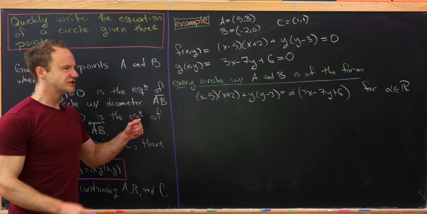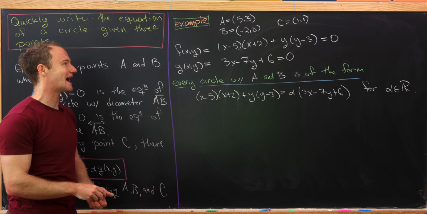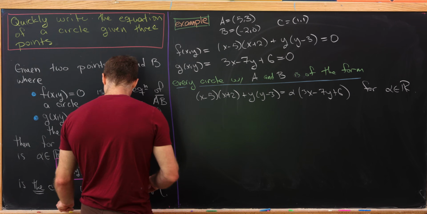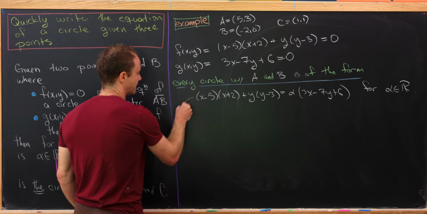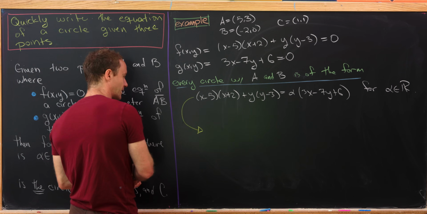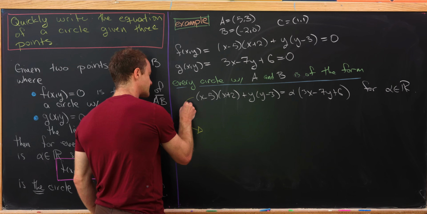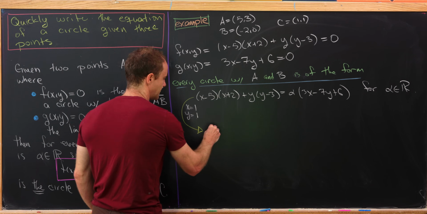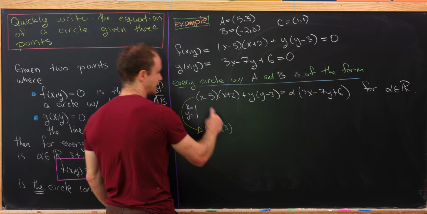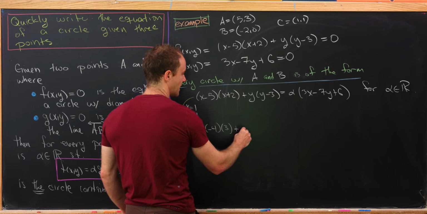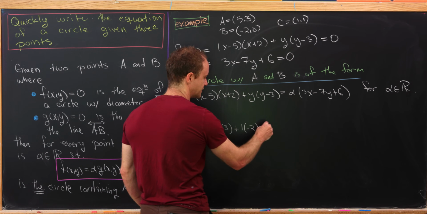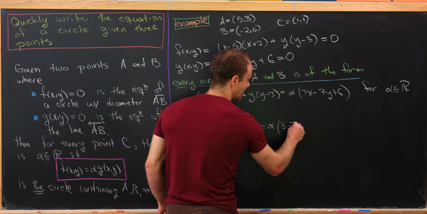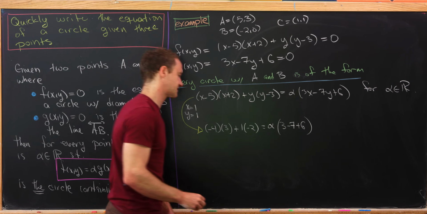Okay, great. So now we just need to turn the dial on that alpha so that it includes the point C. Based off what we said before, we'll plug in the point C here. In other words, in this case, we're going to set x equal to 1 and y equal to 1. That'll leave us with -4 times 3, that's this bit right here, plus 1 times -2, that's that bit right there, equals alpha times (3 - 7 + 6).